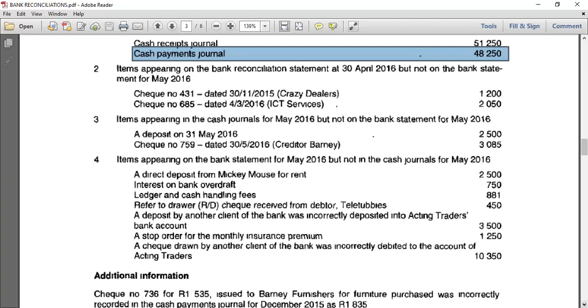But we have to check, was it a stale check or not? An item which is outstanding from last month, as long as it has not yet been entered by the bank, will still be outstanding this period.